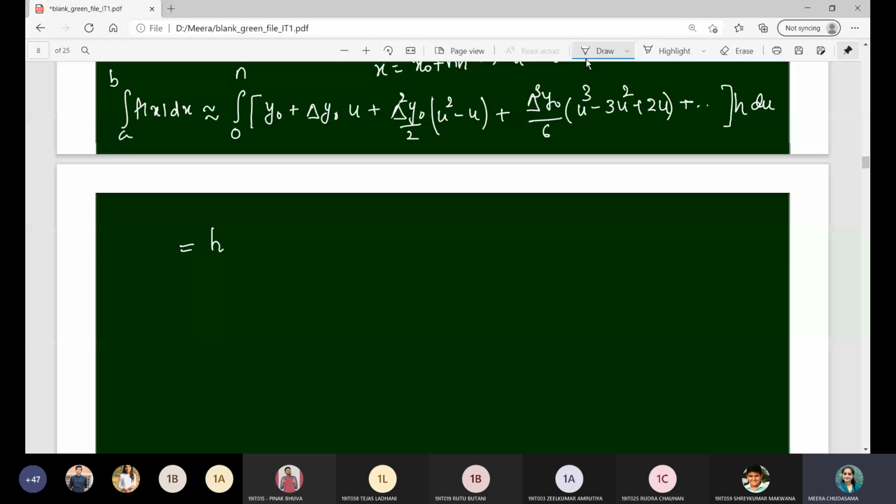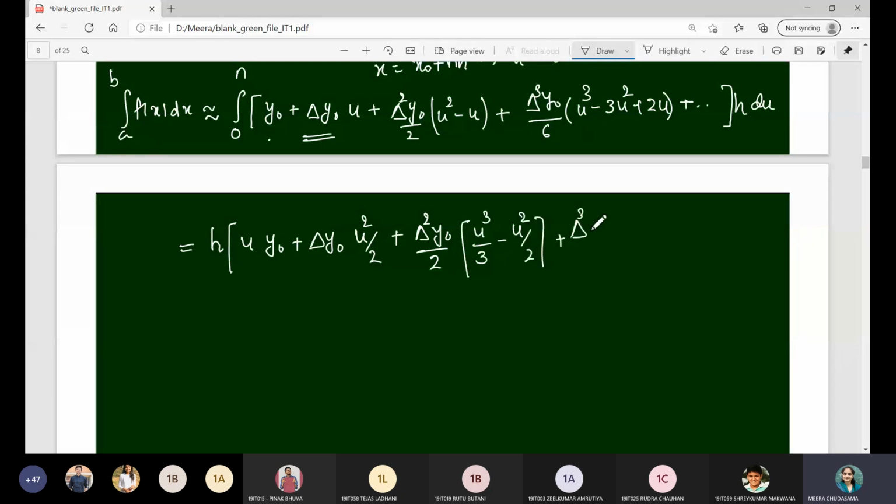So your integral will be u y0 plus delta y0 times the integration of u, which is u square by 2, plus delta 2 y0 upon 2 as it is, u cube by 3 minus the integration of u, which is u square by 2, plus delta 3 y0 by 6 times u to the 4 upon 4, minus u cube, plus u square, up to, from 0 to n.